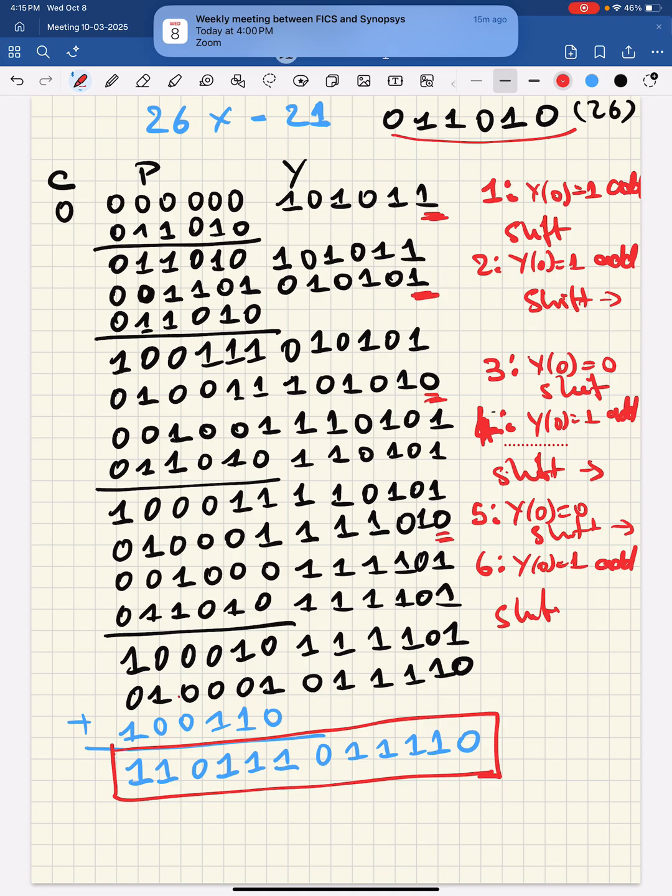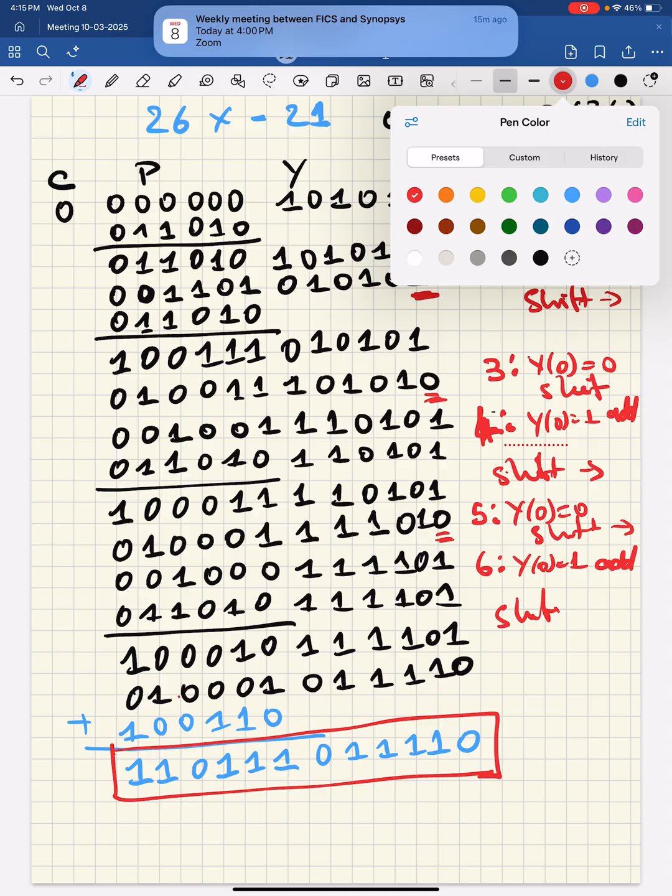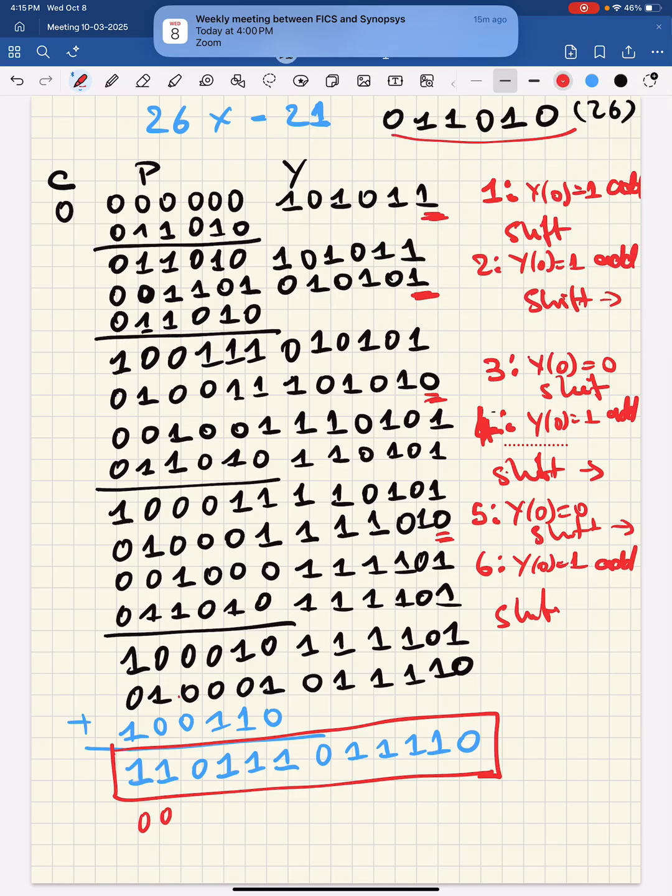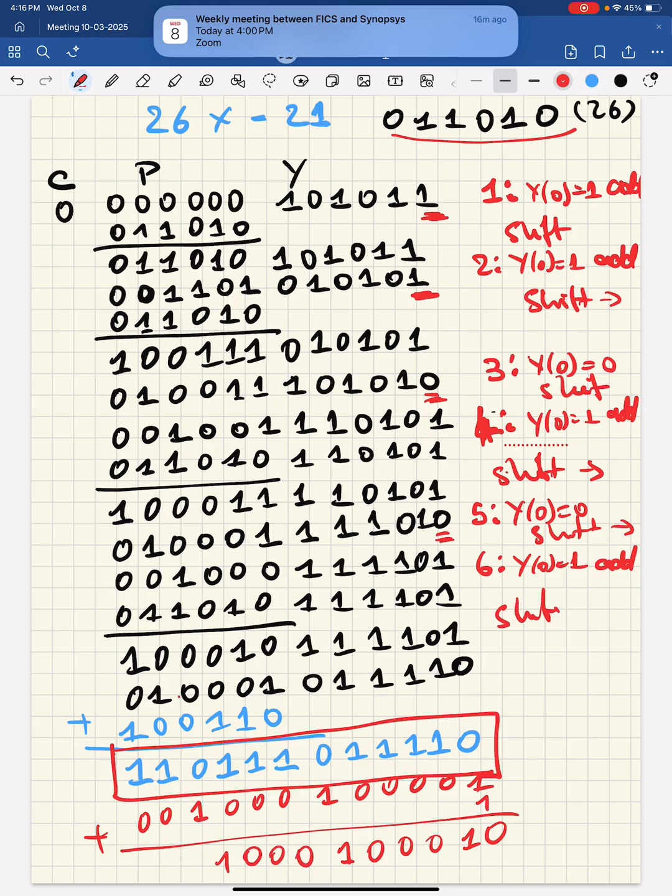Let's see. Always when we have a negative number, we need to do a 2's complement in order to find the positive counterpart. So we'll have a 0, 0, 1, 0, 0, 0, 1, 0, 0, 0, 0, and then 1. Adding a 1 to that gives us 0, 1, 0, 0, 0, 1, 0, 0, 0, 1, and then 0 and 0. So what is this number?